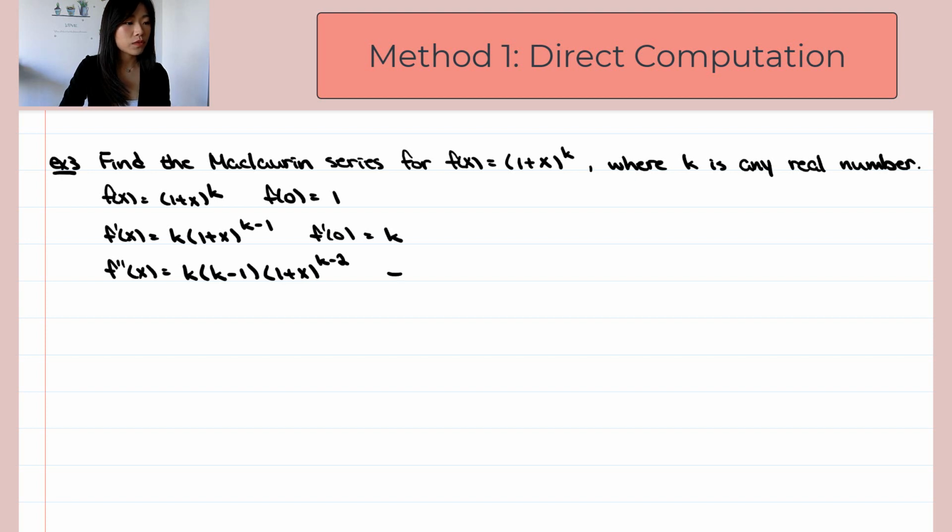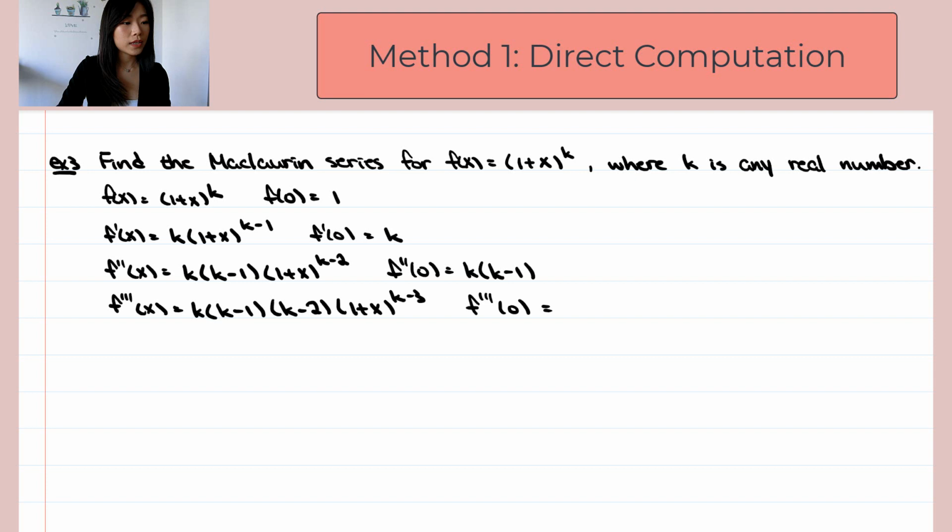And if we substitute 0, the second derivative at 0, we get k times k minus 1. Let's do one more derivative, the third derivative. So we bring the exponent down, we get k times k minus 1 times the exponent k minus 2, then times 1 plus x to the power of k minus 3. Then we substitute 0. The third derivative at 0 is k times k minus 1 times k minus 2.